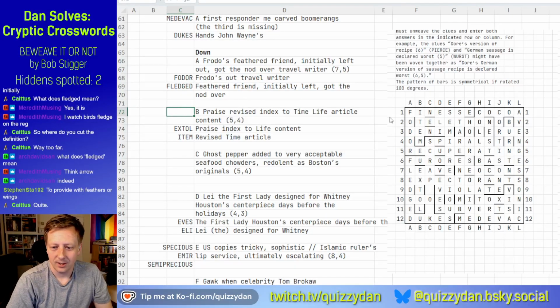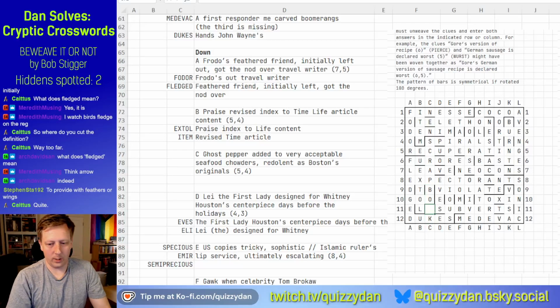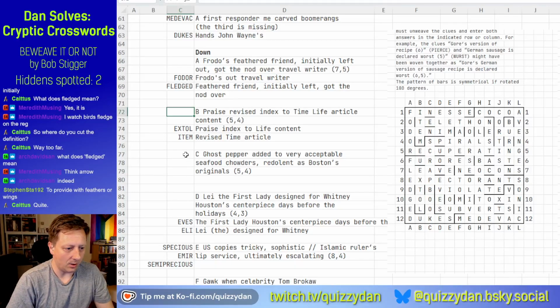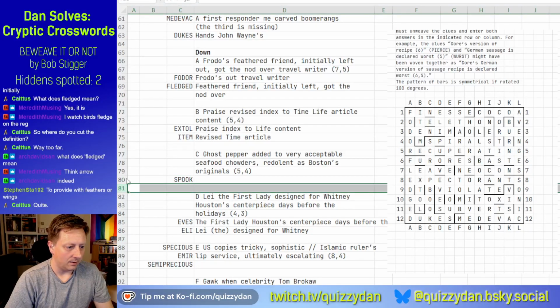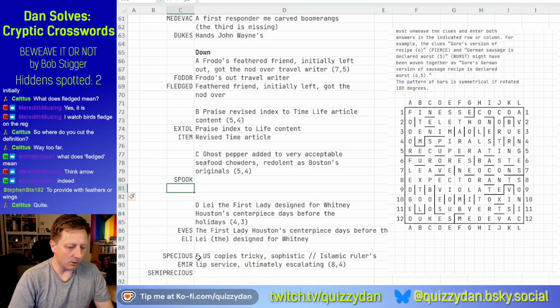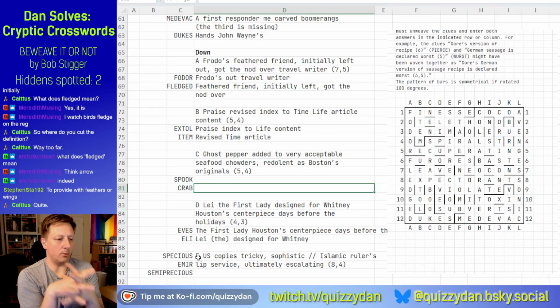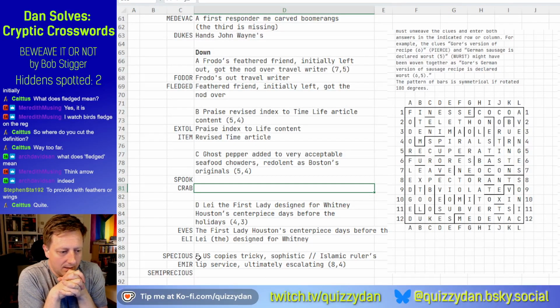Thank you very much. That looks like the word scrapbook, doesn't it? Oh, yes, it does. Okay, so we have ghost that is going to be a spook. And crab is going to be the other half. So we've got spook and crab for scrapbook. But how do we split the clues?